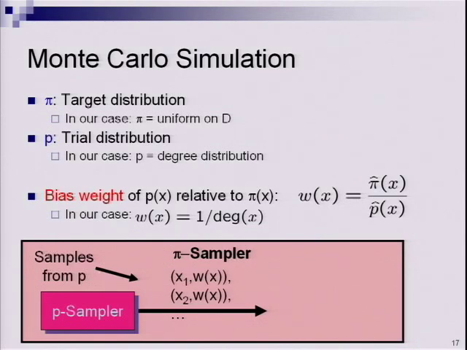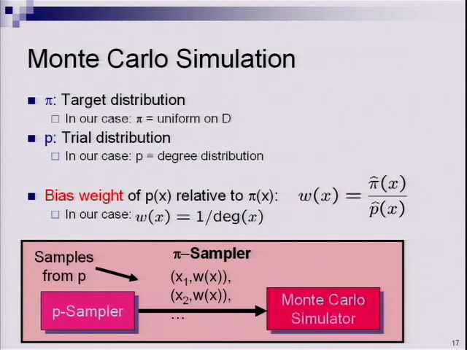For each one, it will compute these bias weights, W of X1, W of X2, and so forth, and then feed the samples and the bias weights into the Monte Carlo simulator. The Monte Carlo simulator is just an algorithm. It's simple, and we'll see one example of such an algorithm in a second, which somehow processes the samples and the bias weights and then generates a single sample from pi. Note that you may need multiple samples from P to generate a single sample from pi.